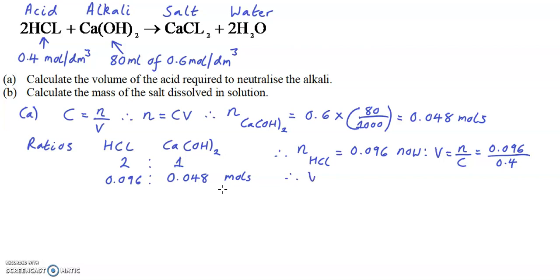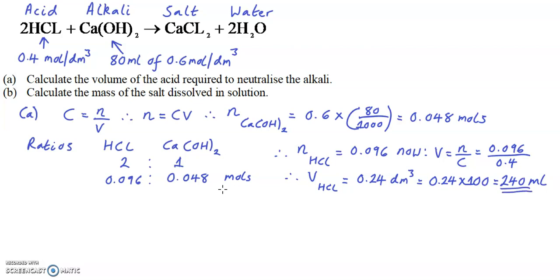Therefore, the volume of the acid required equals 0.24 decimeters cubed. Now to convert this into milliliters, you need to multiply it by 1,000, so 0.24 times 1,000 gives the volume of acid required as 240 milliliters, and that's the answer to part A.